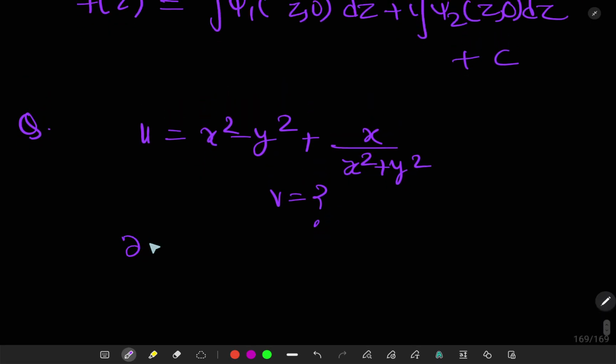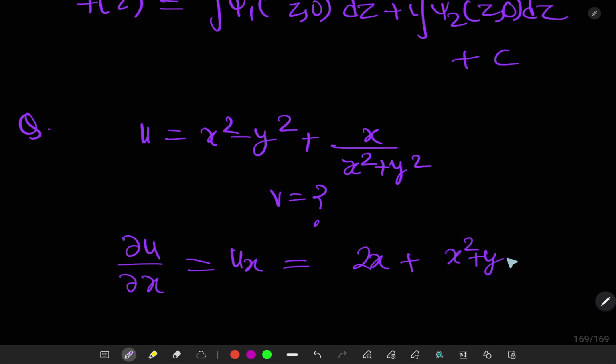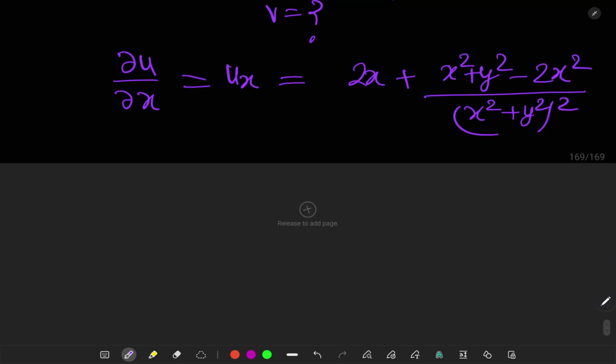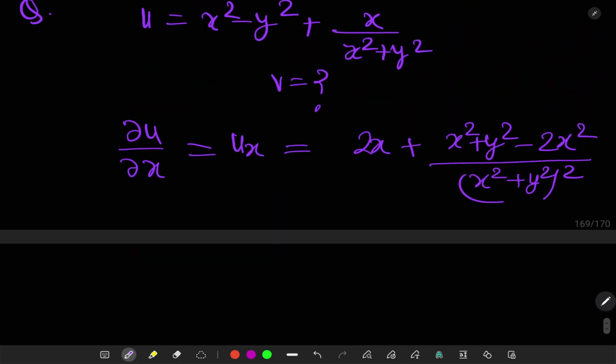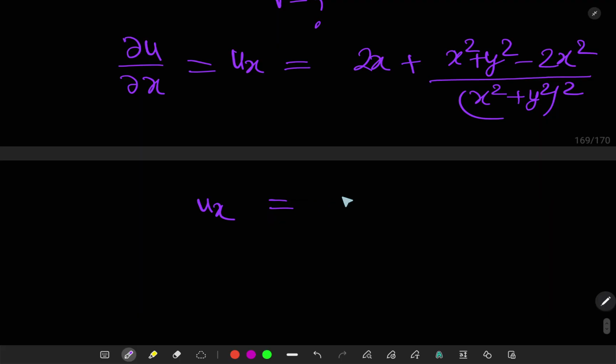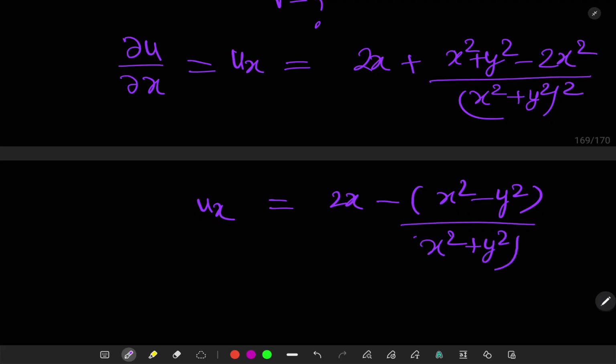Here, first of all, we need to find del u over del x, which we can write as ux, equal to 2x plus minus x square minus y square divided by x square plus y square whole square.